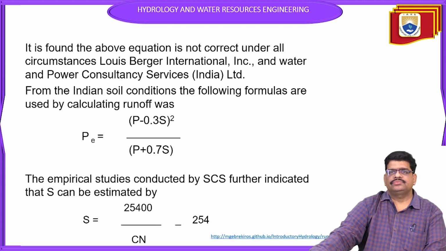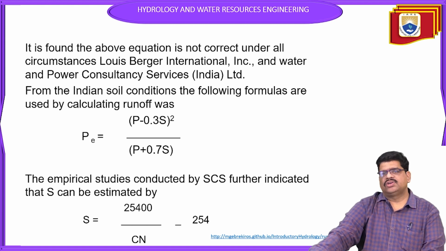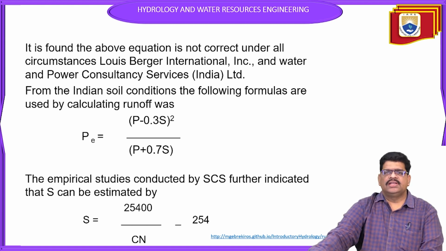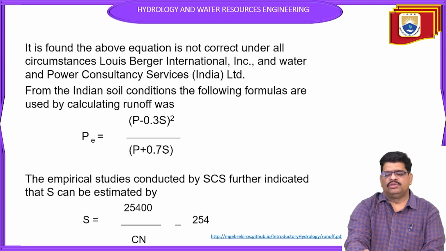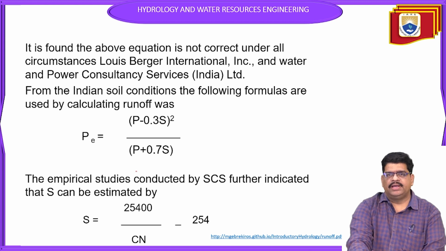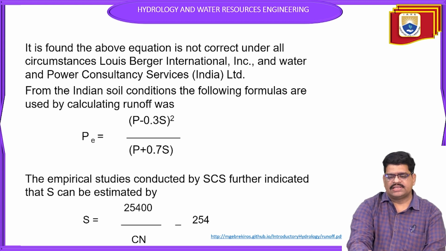Next. From the Indian soil conditions, the antecedent moisture condition and the peak discharge will be calculated. Runoff Q is equal to (P minus 0.3 S) whole square divided by (P plus 0.7 S).